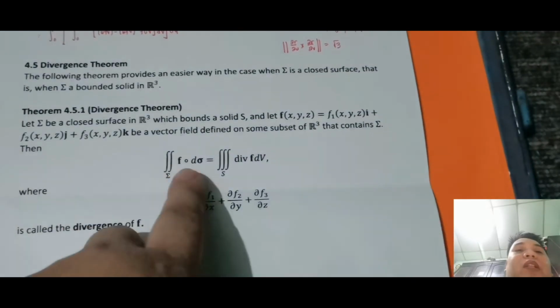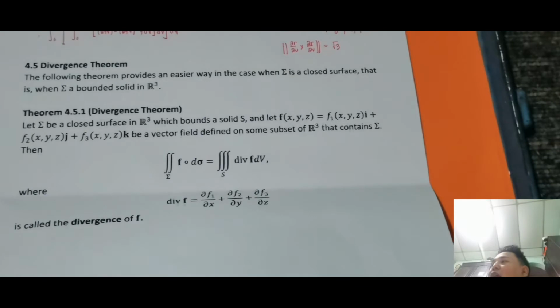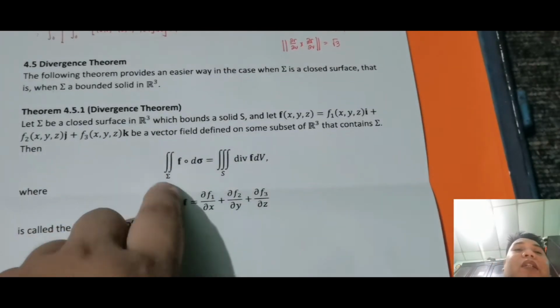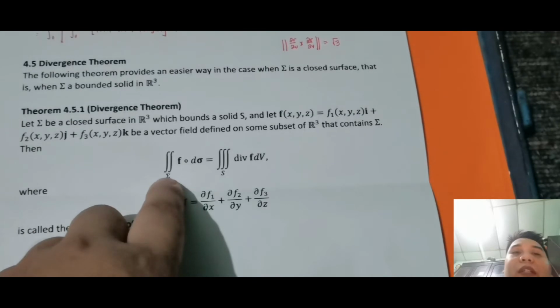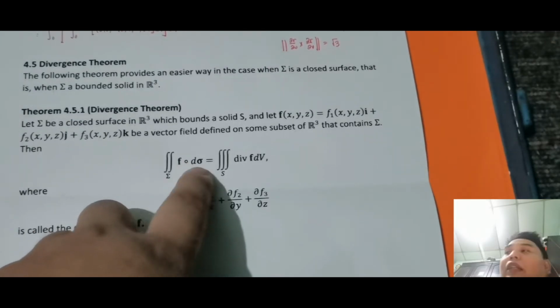Then, the double integral of F dot d sigma. So again, pag vector field f yung given, ang surface integral natin is simply a double integral along the surface sigma of F dot d sigma.